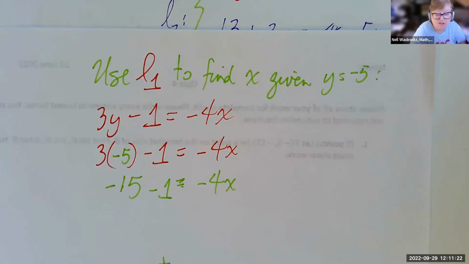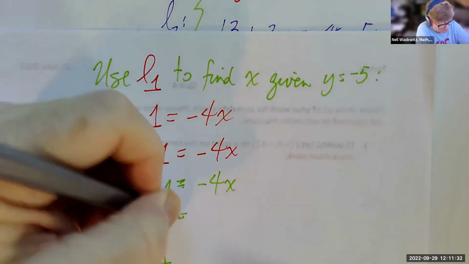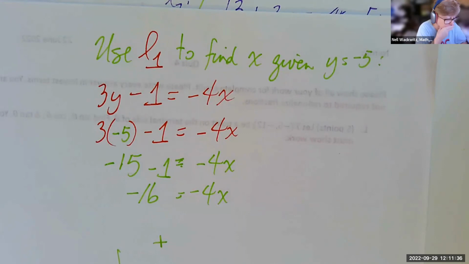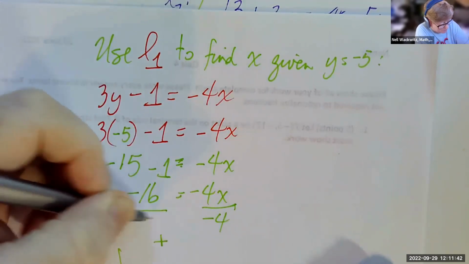What is negative 15 minus 1? Negative 16. Excellent. And how can we get x alone? You divide by negative 4. Marvelous.